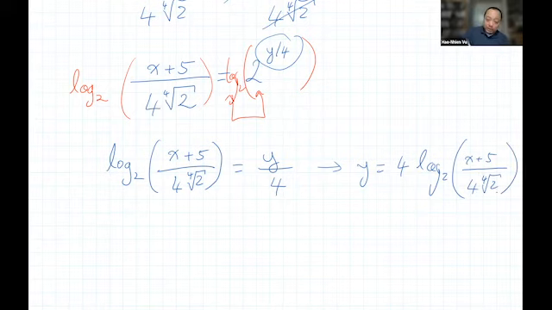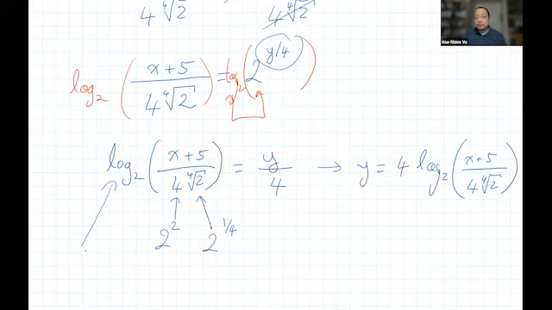But what I notice is that here's a 4, that's 2 squared. Here's the fourth root of 2, that's 2 to the 1/4. And on the outside, there's a log base 2. I would like the log base 2 to cancel with these. So I'm going to do some cleaning up before I multiply both sides by 4.